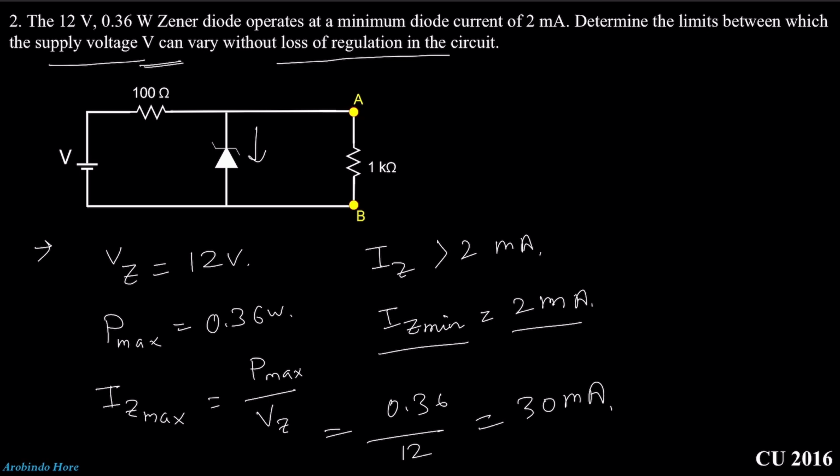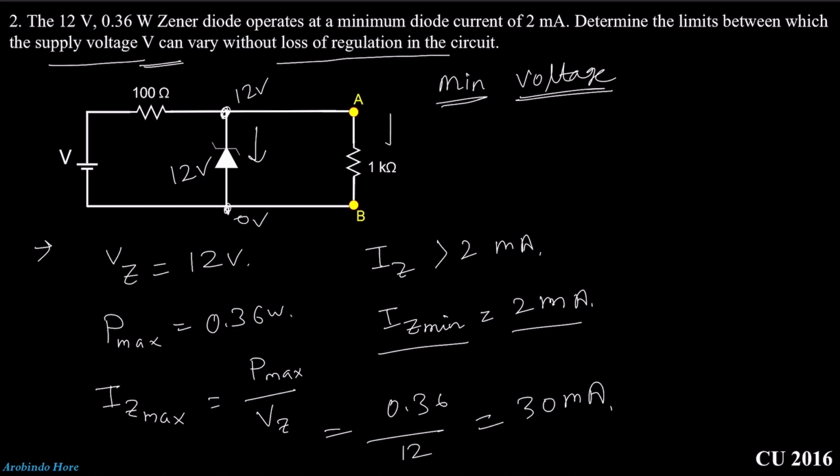Now we need to calculate the voltage V minima and V maxima. For this, first we need to know when the Zener diode will turn on, that means the minimum voltage. This is step one. They provided that this voltage is 12 volt if the Zener diode is on.